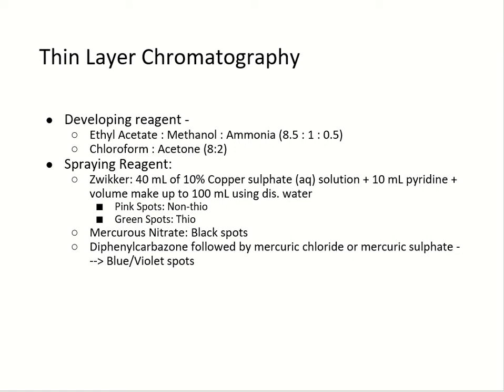The spraying or visualizing reagent used is Zwicker: 40 ml of 10% copper sulfate solution plus 10 ml pyridine, and the final volume will be made up to 100 ml using distilled water. So the total volume of the solution would be 100 ml. Pink spots are observed in case of non-thiobarbiturates and green in case of thiobarbiturates.